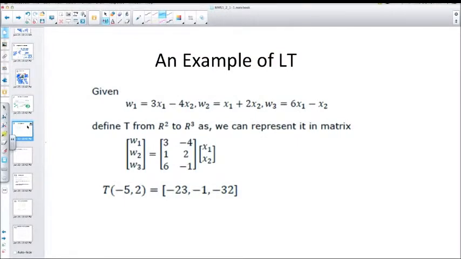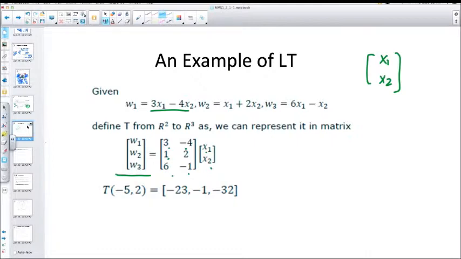And this is a simple one from 2D, x1, x2, to 3D, which is w1, w2, w3. If you look, the first row is 3x1 minus 4x2, I write it into a matrix, the next is x1 plus 2x2, and the last one is 6x1 minus x2.